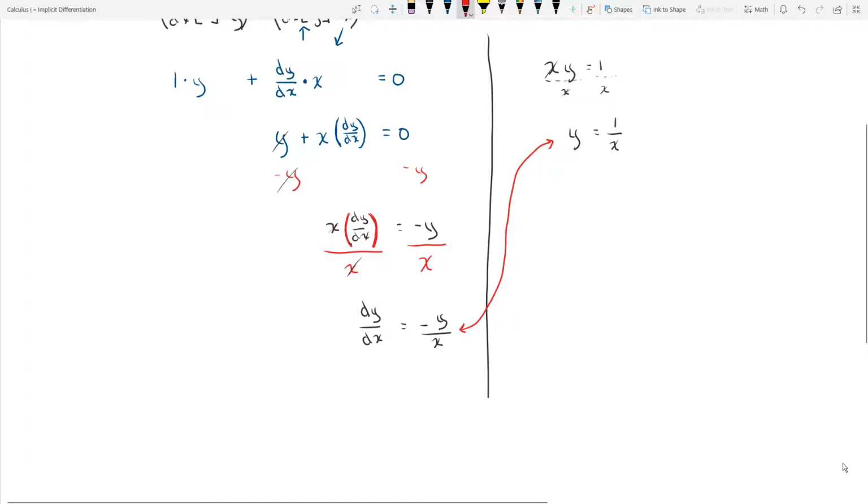So when we take the derivative of y equals 1 over x, we say, okay, this is going to be the derivative of y with respect to x for 1 divided by x.